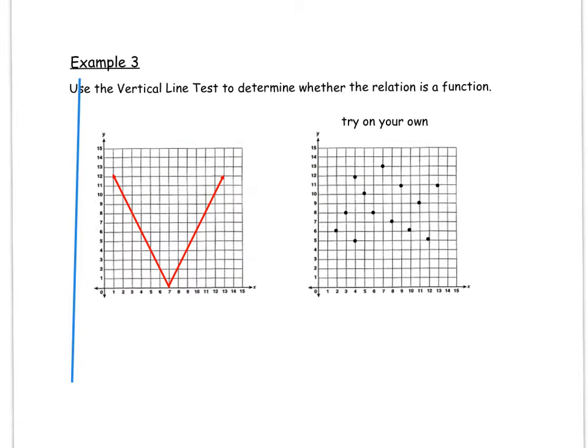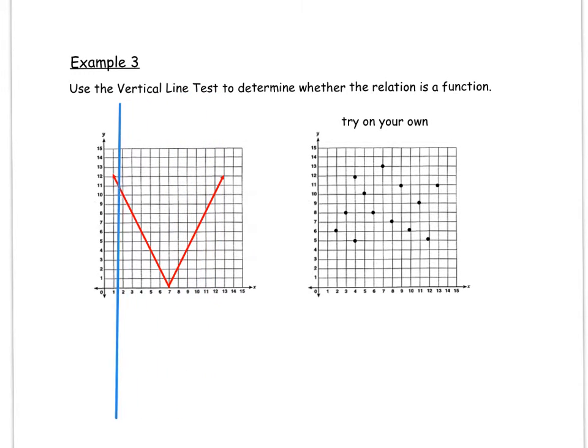All right, let's try this vertical line test. The vertical line test just allows us to visually see if there's more than one output for every input. In other words, if there's more than one y value for any given x value. So I'm going to take my line and run it across. Now we can see it crosses every time I move it. It's actually crossing more than once.